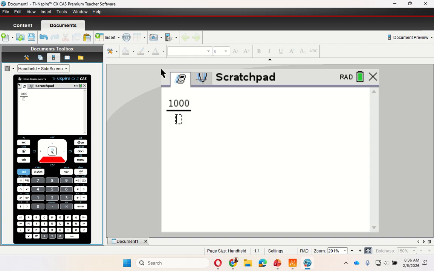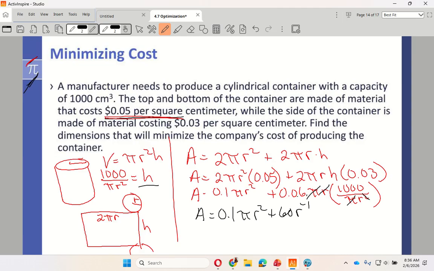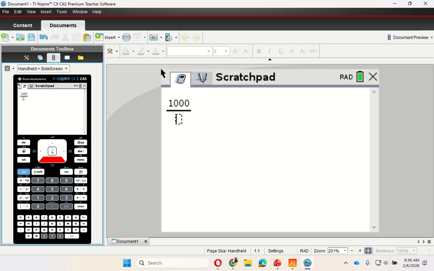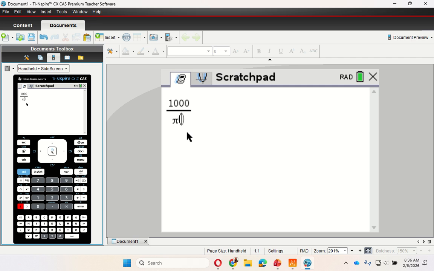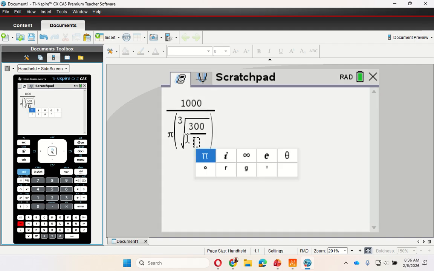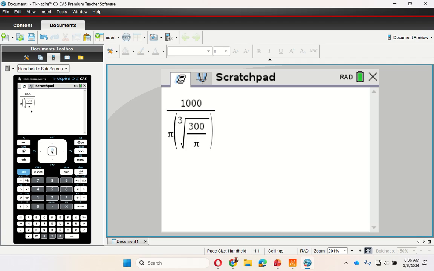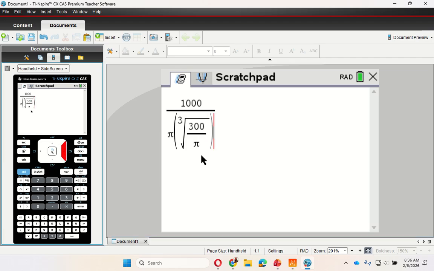Was it over 2 pi? No, pi r squared. There we go. So pi times r, which was the cube root of 300 over pi, squared.